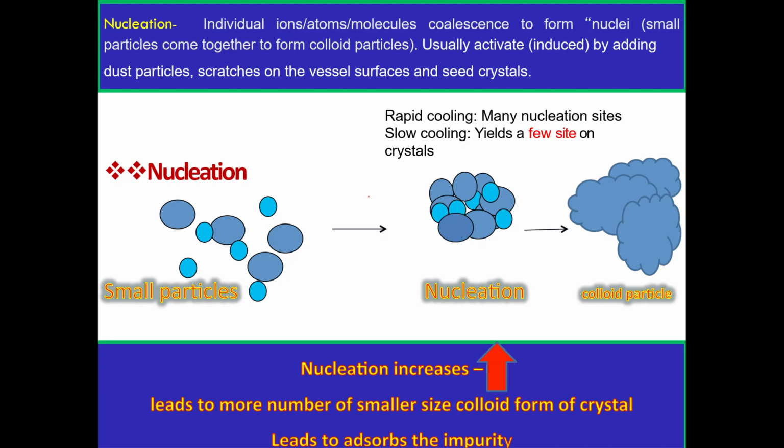By using these methods, the small nuclei will grow into a big particle or crystal particle. If nucleation increases, it leads to more small colloid-form crystals, which leads to absorbing impurities. So that's all for this video. Thank you.